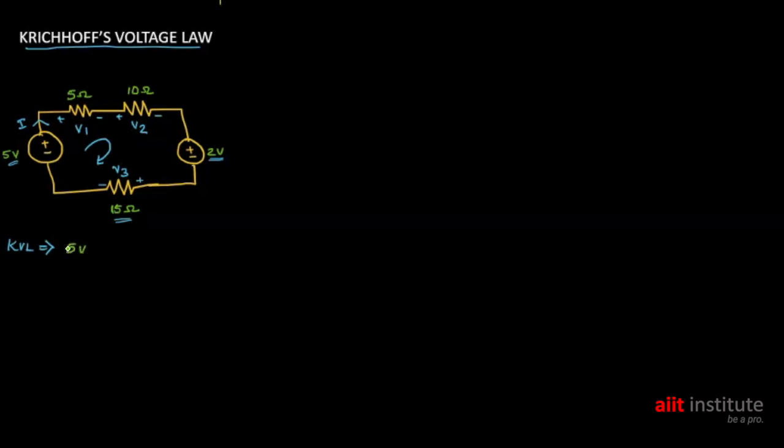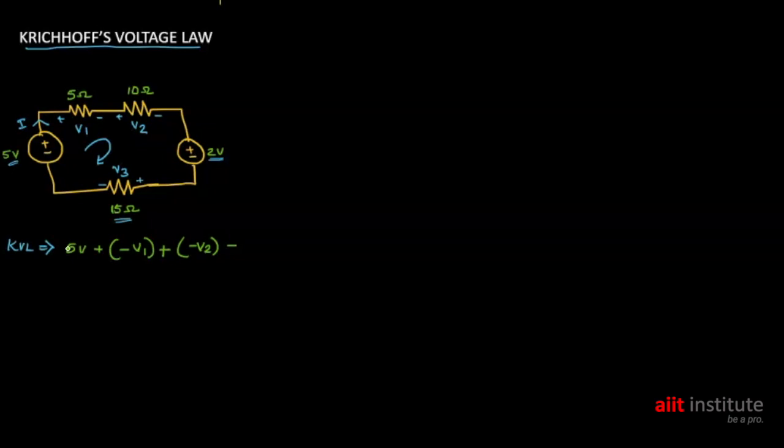5 volt plus, according to sign convention, this is going from plus to minus, so it will become minus V1 plus, here also plus to minus only, so minus V2.